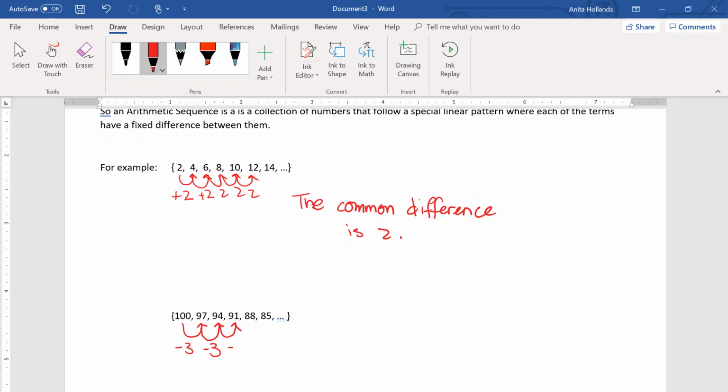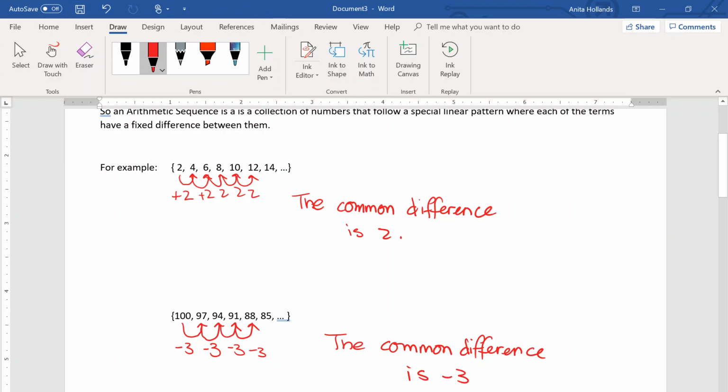And you'll notice that this is the same for each of these terms. So therefore, in this arithmetic sequence, the common difference is -3.